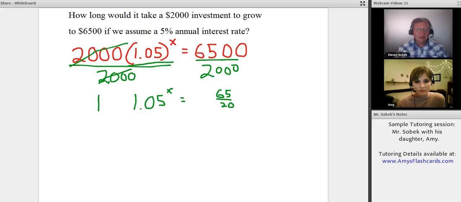Since these two quantities are equal to each other, certainly if I take the log of the left side, it's going to be equal to the log of the right side, the log of all this stuff here. Okay? Equals the log of, I'll put this all in parentheses.